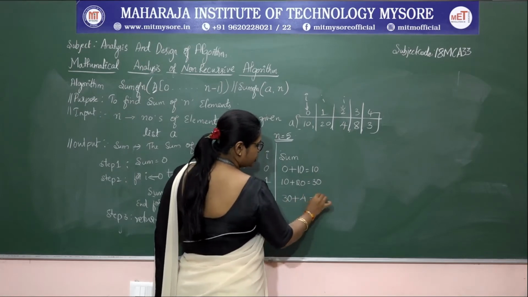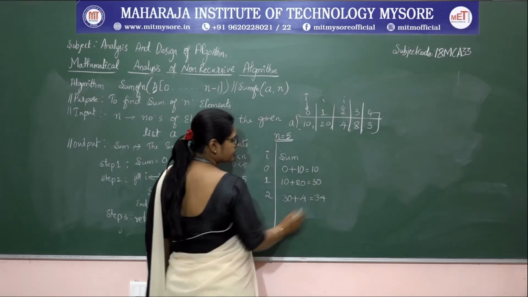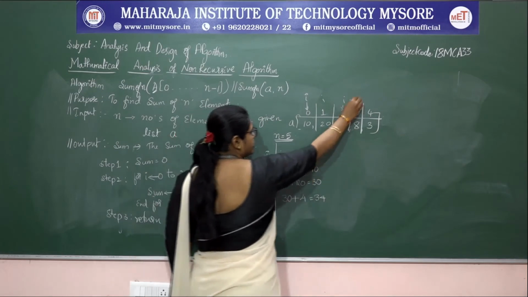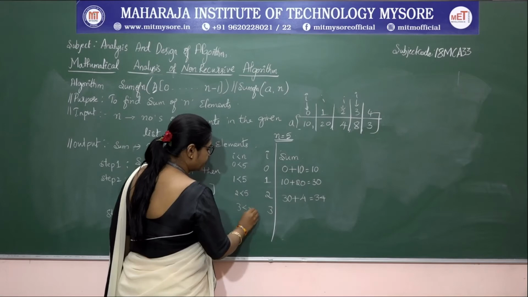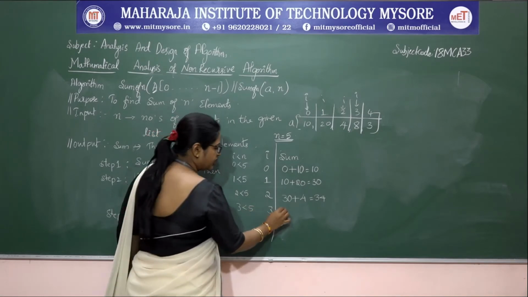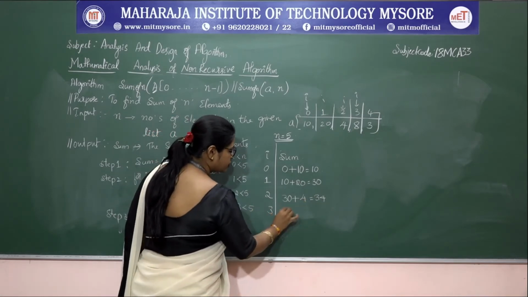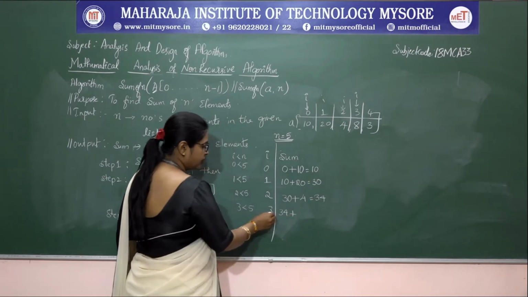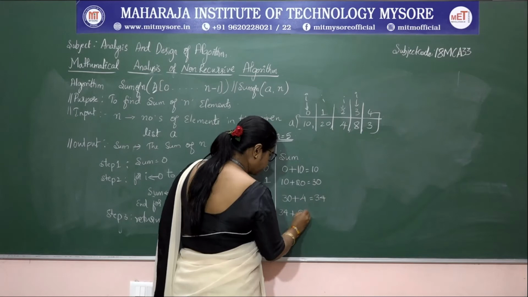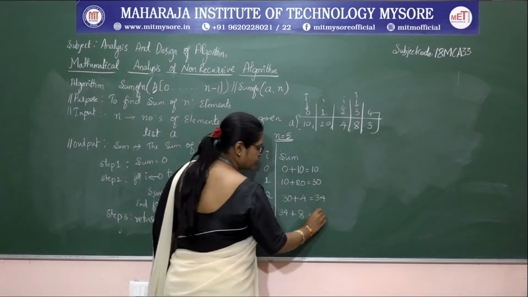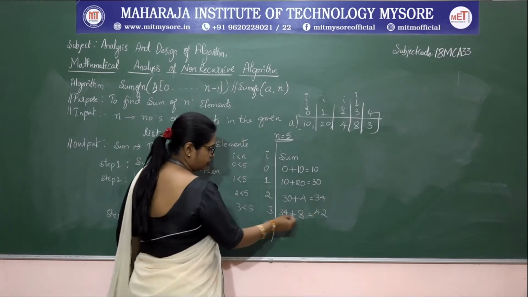So 30 plus 4 is 34. Next i gets incremented to 3. So i is pointing to the third position, and 3 less than 5 is also true. The next operation is the old sum, 34, plus a of i. In the third position we have 8, so the resultant value is 42.